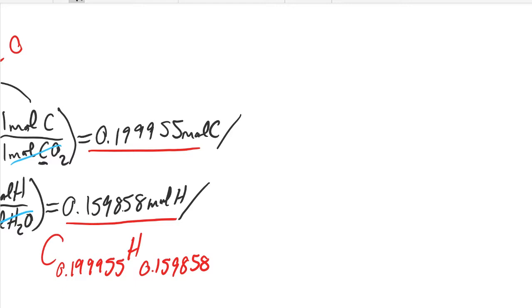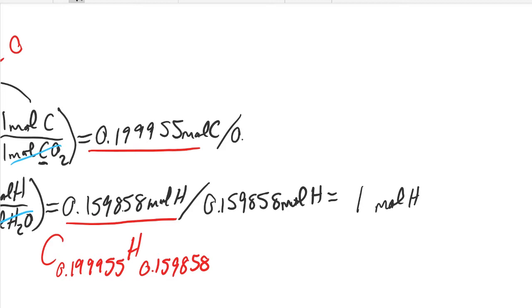In this case, hydrogen had the least number of moles. So if we divide by the moles of hydrogen, we would say hydrogen forms in a 1-to-1 ratio. That's fairly self-explanatory. But what if we do the same thing and try to figure out the ratio of carbon to hydrogen?